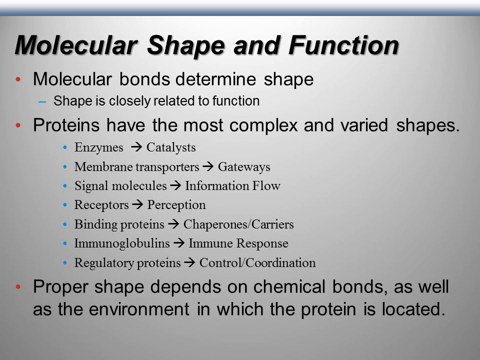Okay? But that proper shape depends on the chemical bonds. So if we start disrupting ionic bonds with too many ions or too few ions, you don't have enough ions, maybe the bond is too tight, and now the protein's all bound up on itself. Okay? If you have too many protons, now the pH is too low, and now the protein starts changing shape because now those hydrogen bonds are being disrupted.